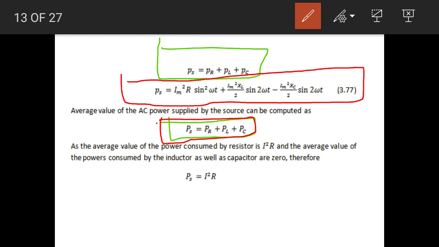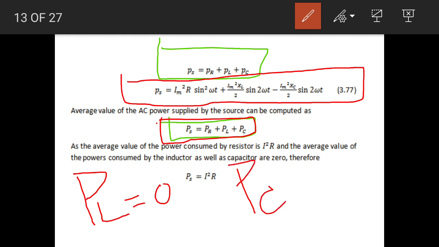We know that the average power taken by an inductor from the AC voltage source is 0. The inductor does not consume any power under ideal condition. Similarly, the average power taken by the capacitor from the AC voltage source is 0. These two are energy storing elements. The inductor stores the electrical energy in magnetic field, and the capacitor stores the electrical energy in its electric field.